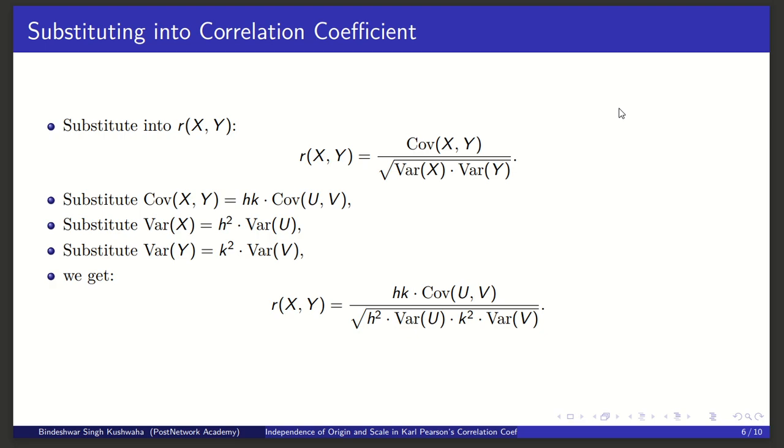So the correlation between x and y is hk into the covariance between u and v. Sometimes I might say correlation when I mean covariance, but where it is r, that is correlation. So r xy, the correlation between x and y, is equal to hk times the covariance between u and v upon h square times the variance of u into k square times the variance of v.